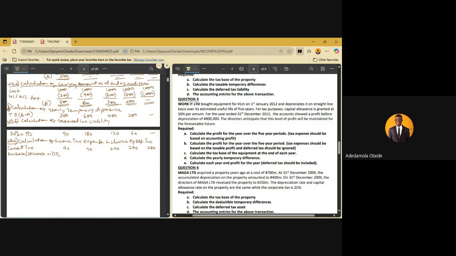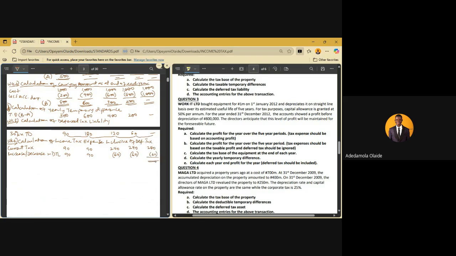If deferred tax was 90 in year 1 and there was none before it, deferred tax increased by 90 during the year. Between year 1 and year 2, it also increased by 90. Year 2 to year 3, it reduced by 60. Year 3 to year 4, it reduced by another 60. Year 4 to year 5, it reduced by another 60.